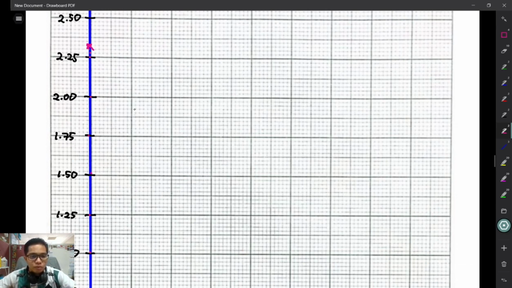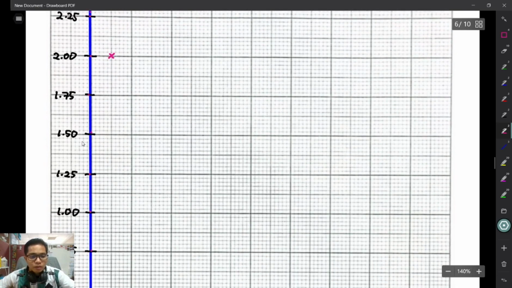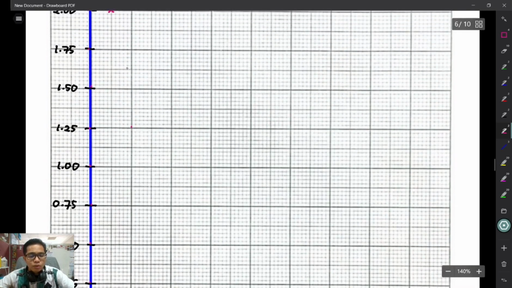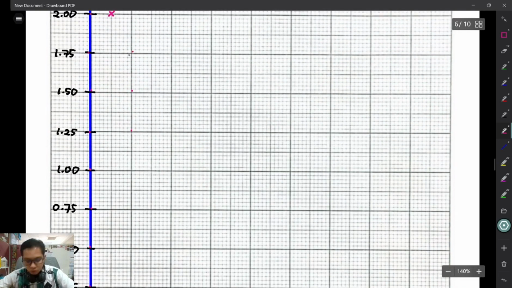That's easy, 2 here. Okay. At 400 seconds it is 1.72. 1.72 divided by 0.025, so I need 68.8 boxes, about 69. Here, 10, 20, 30, 40, 50, 60, 70, so less 1.